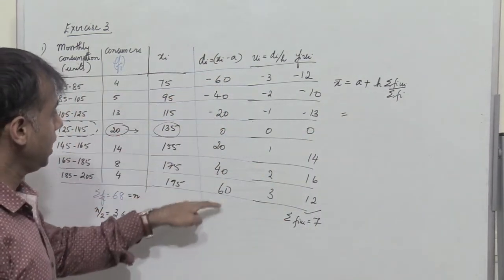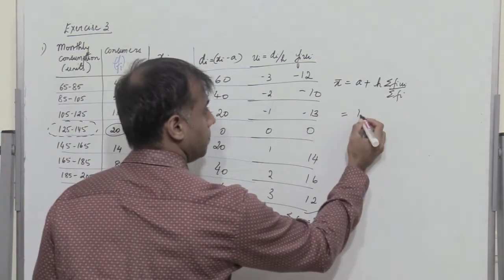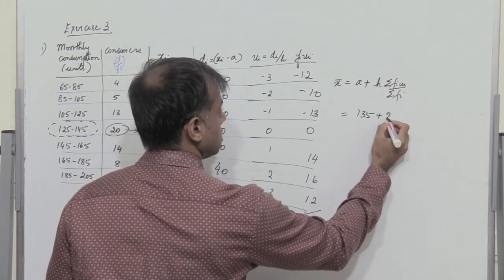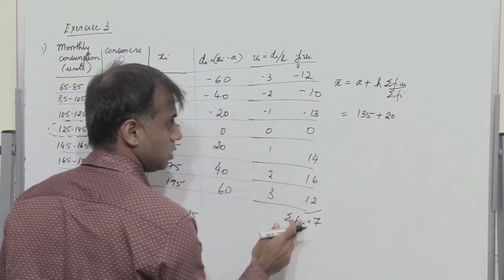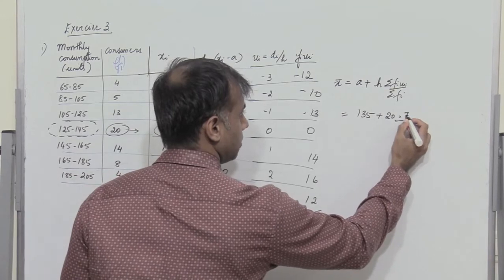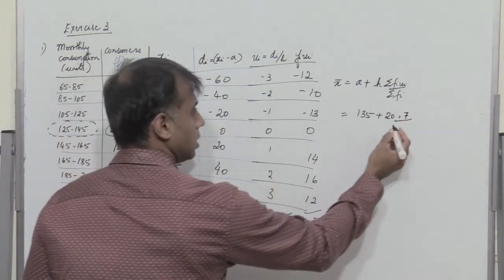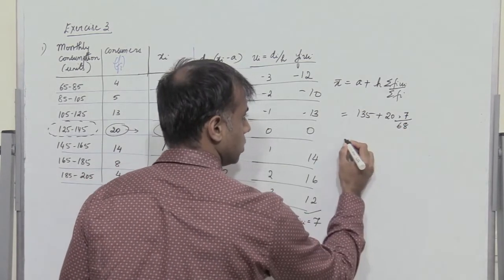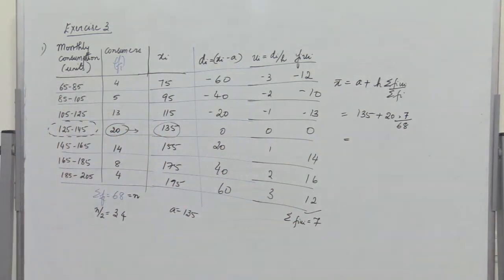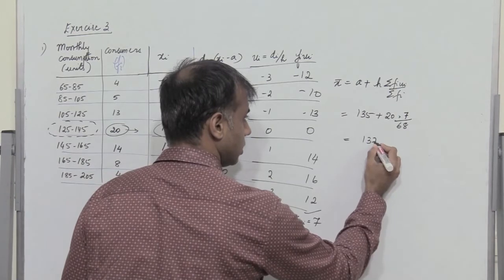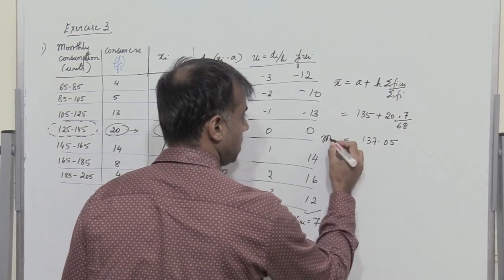Now a is 135 plus 20 into 7, divided by summation fi, which is 68, the number of consumers here. So it is 7 by 68 into 20 plus 135. So we get the value as 137.05.